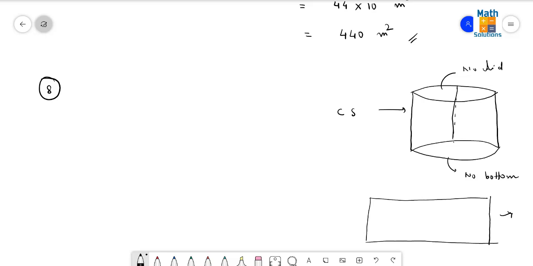In this case, curved surface area is given to be 4224 centimeters square, which is getting converted into a rectangular sheet. Here we are having 33 centimeter as the breadth. Length till now is not known to us. So don't you think that curved surface area of this hollow cylinder is equal to the area of this rectangular sheet? Yes, of course. So how do we have to proceed?